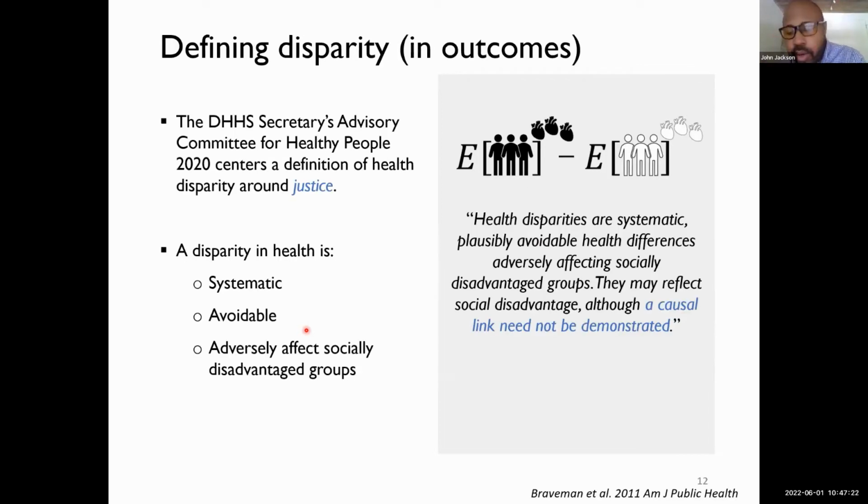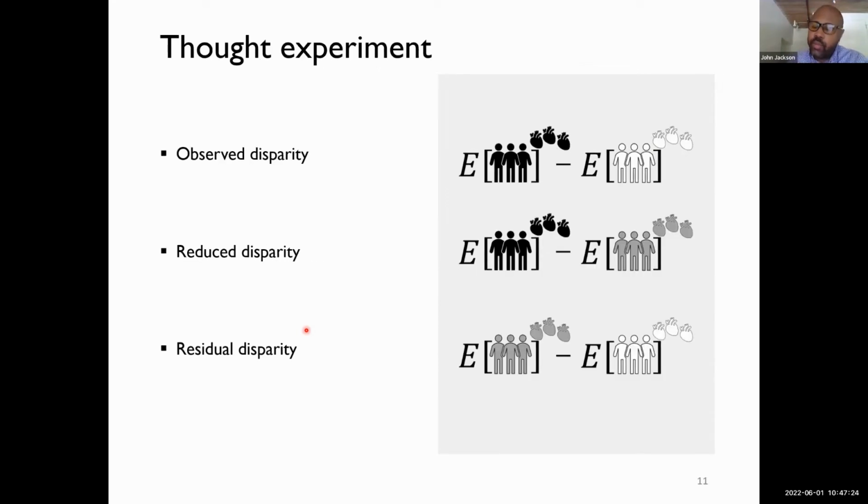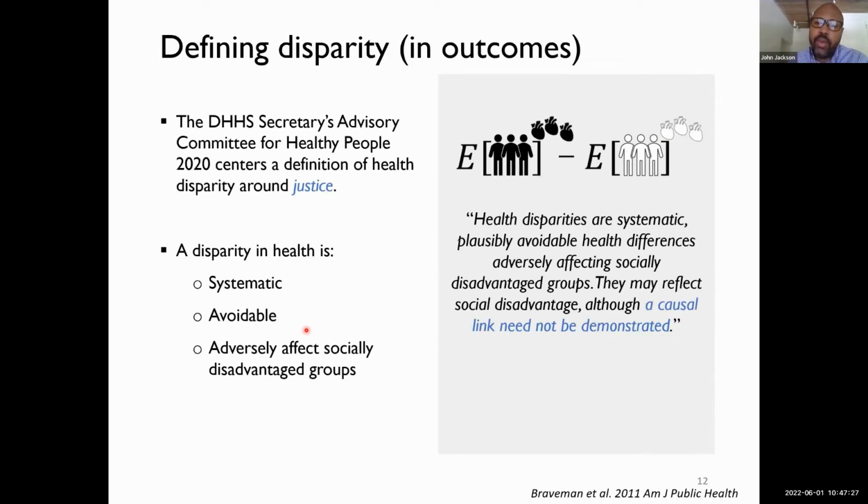So in order to do this work, though, I was struck that I needed to step back and think about, well, what do I mean by disparity? Some of the things that Whitney was talking about earlier, and I also work from the Paula Braveman definitions, which informed the Healthy People 2020 report, and they define a disparity as systematic, plausibly avoidable differences that adversely affect socially disadvantaged groups, and they note that it may reflect disadvantage, but a causal link need not be demonstrated.